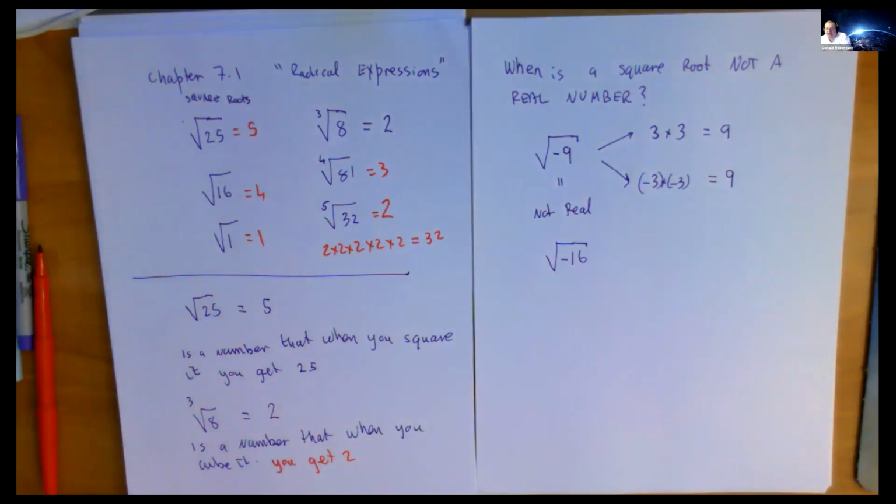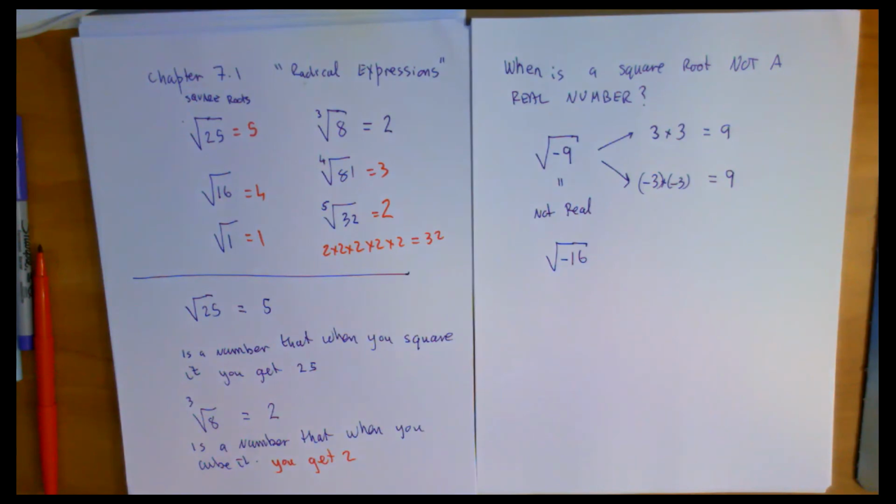There must be an easy way of doing this. Is the square root of -16 not real? It's not real.